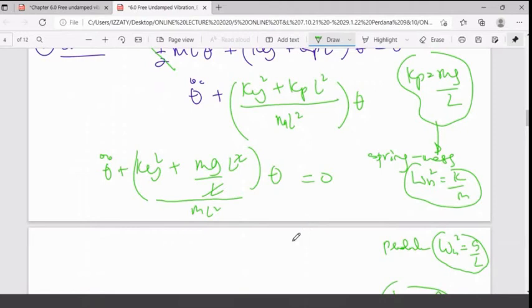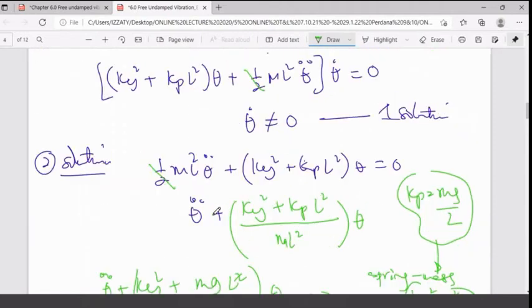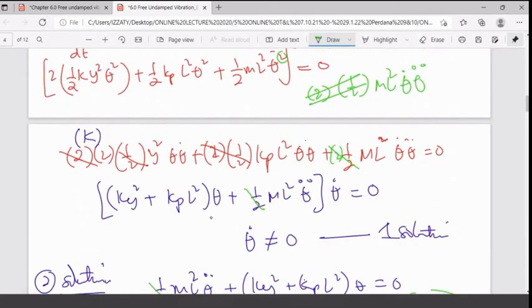Doctor, wasn't the ky square supposed to have a 2ky square? Yes, but we already canceled this one. But there are two, right? There are 2 here.